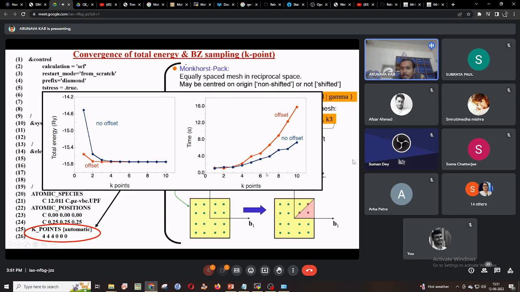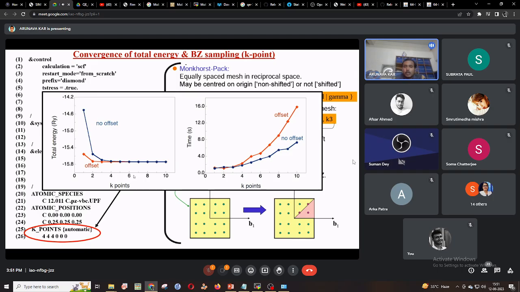But if we increase the K points, the amount of time is increasing. So if you take 10 cross 10 cross 10, it will not give you more benefit, but it will take more time. So why do it with 10 cross 10 cross 10? We can perform the calculation with 6 cross 6 cross 6, and it will give the same result for the total energy.